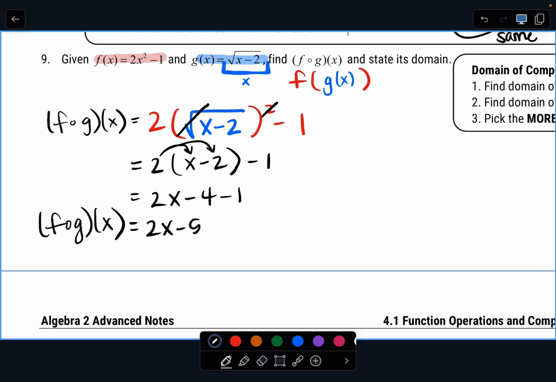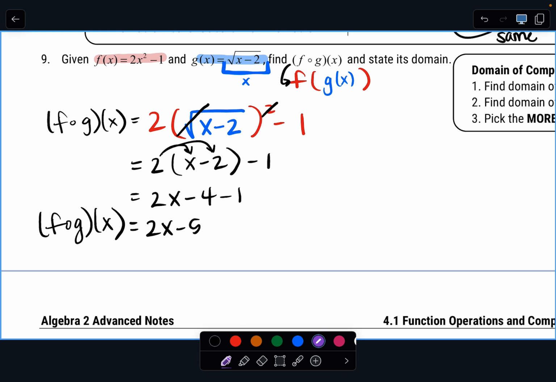What does that f of g mean? It's telling you what function is on the outside and what function is on the inside. So the first function you see is the outside function. The second function you see is the inside function. Generally, yes.